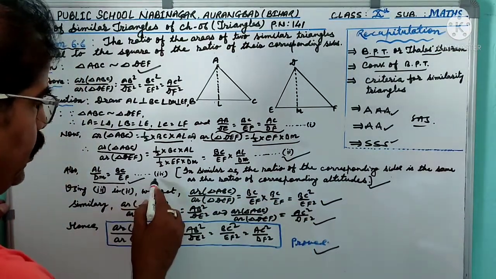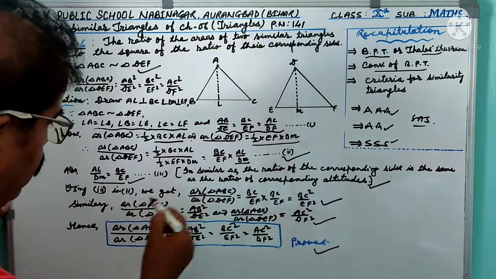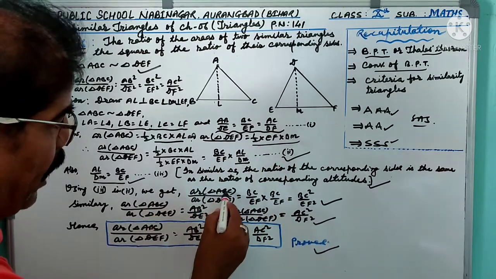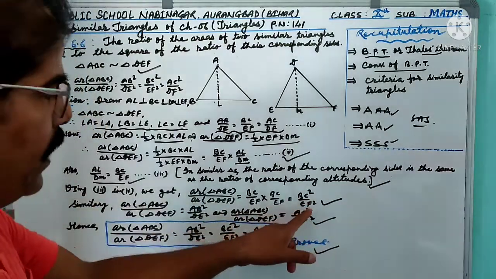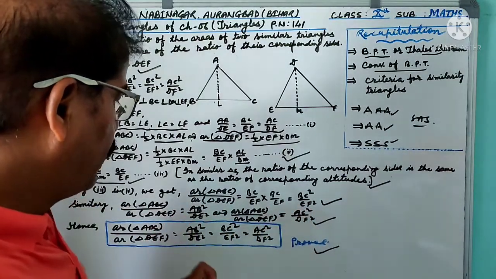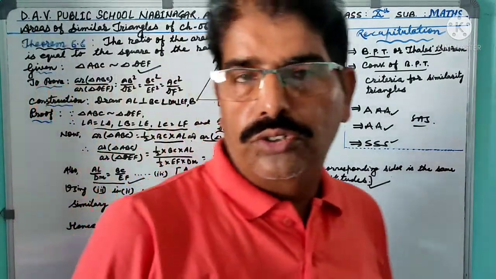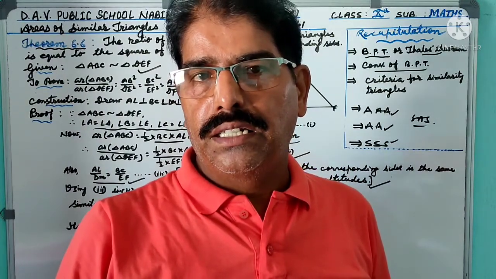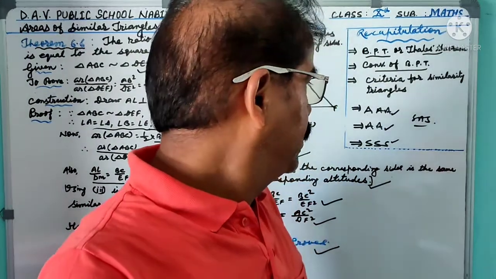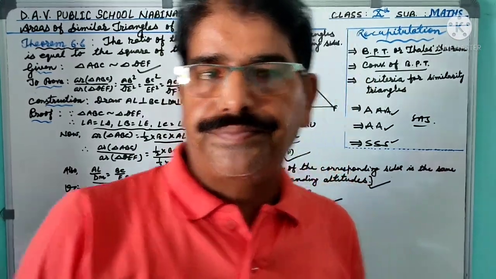So, using this in equation 2, we get area of ABC by DEF equals BC square by EF square. Similarly, AB square by DE square and AC square by DF square. So your theorem, areas of two similar triangles, is proved.